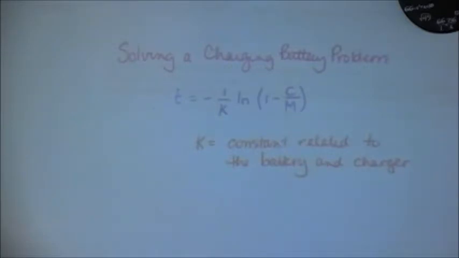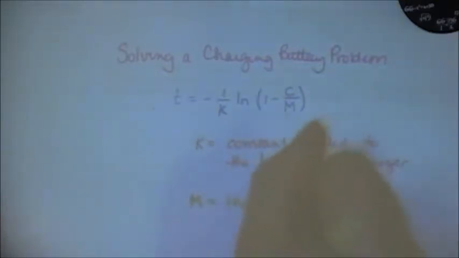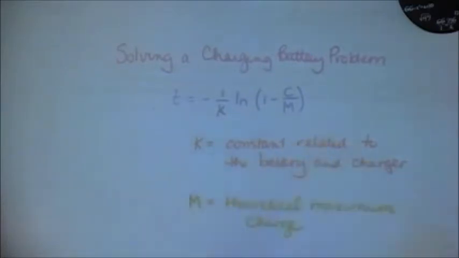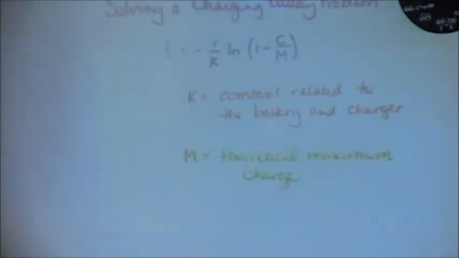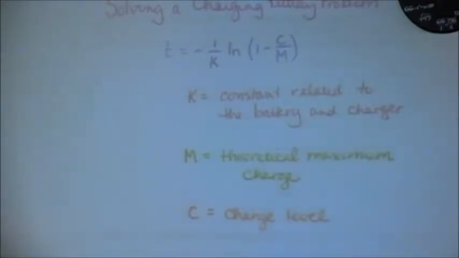So every battery and every charger is going to cause a different K. M is a theoretical maximum charge. C is the charge level, like 70% or 60% or whatever.